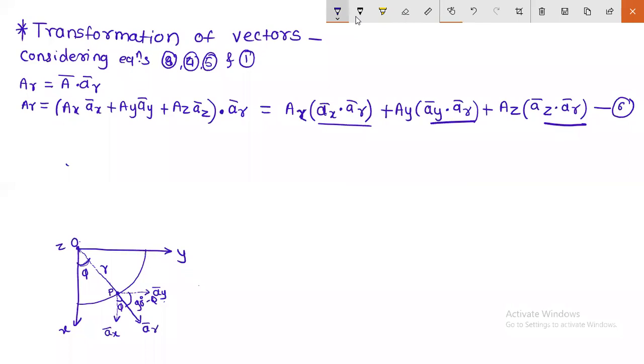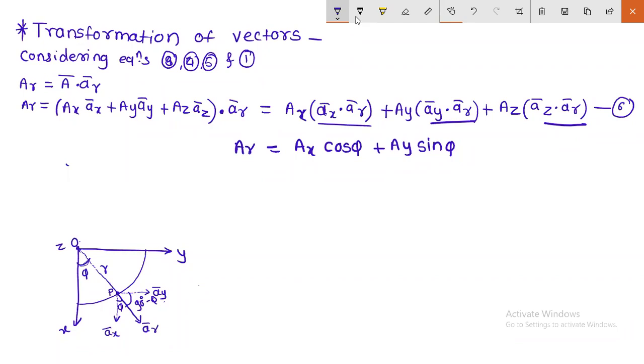For AR, we can write it is equal to AX into bracket A bar X dot A bar R, angle between them is phi. So it is cos phi, right? Then plus AY into A bar Y dot A bar R, which is sin phi, right? And plus AZ into A bar Z dot A bar R, which is 0. Okay, so this is your AR value.